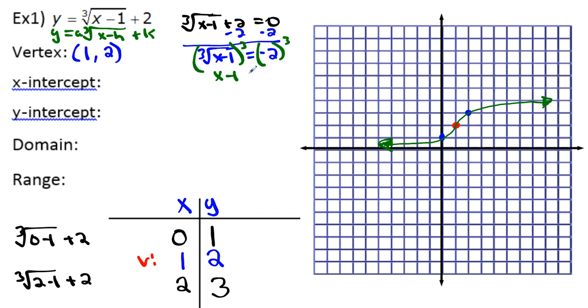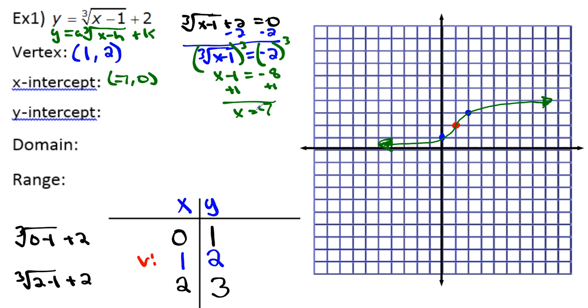We get x minus 1 equals negative 2 to the third power, which is negative 8. We're going to add 1 to both sides, and we get x equals 7. So then we have 7, 0 for our x-intercept. That doesn't look right. Negative 7, because I didn't do my math right here. Negative 8 plus 1 is negative 7.